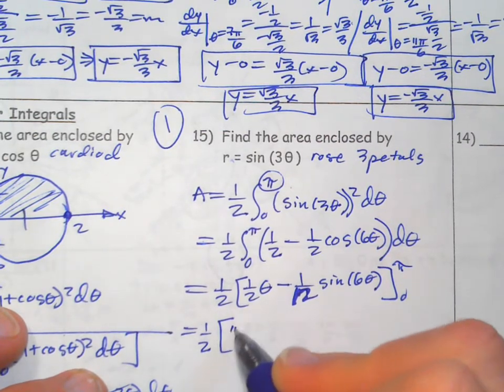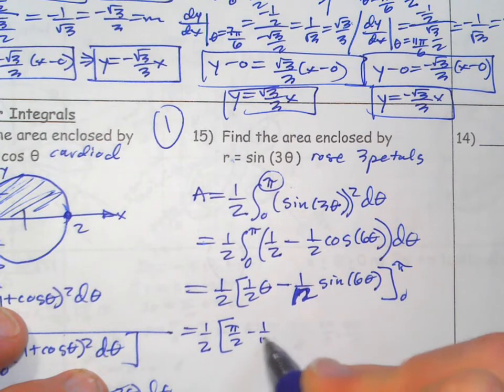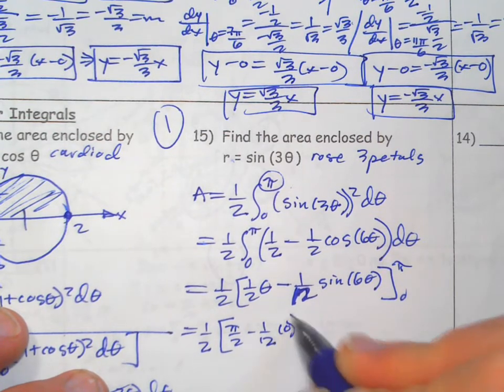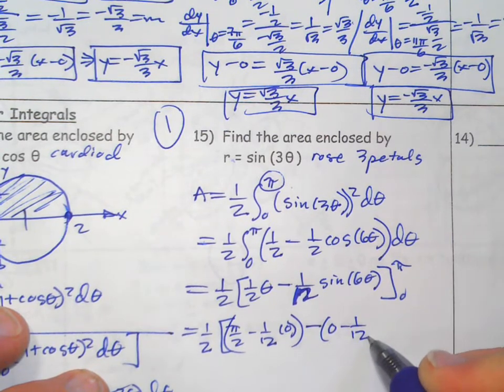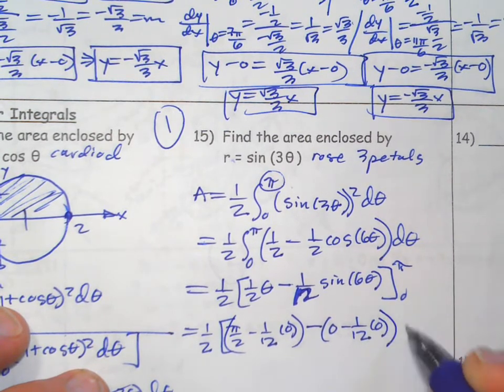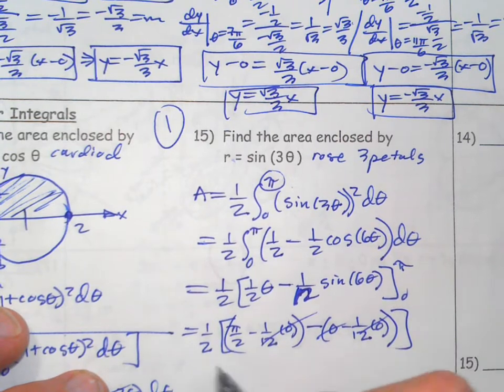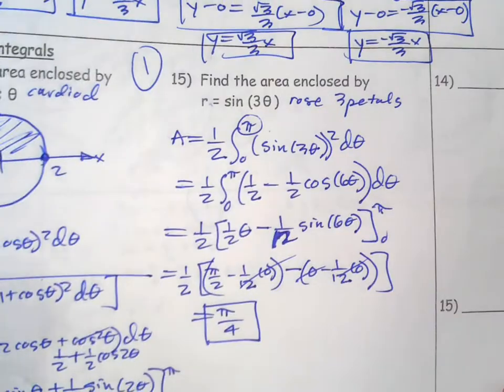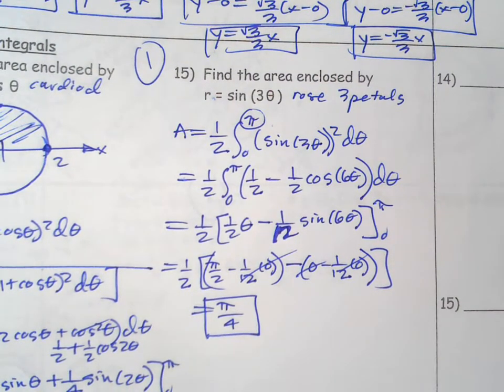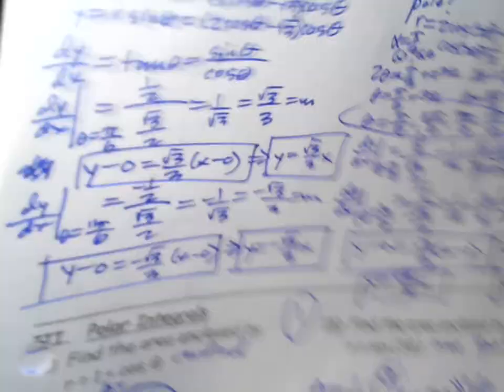Put pi in. Cosine 6 pi is 0. Plug 0 in. Sine of 0 is 0. So we get the answer, pi over 4. I mean, that's the way I would do it. Or you could graph it and try and find a single petal and then multiply by 3. If I wanted a single petal, I'd find the whole thing, divide by 3.